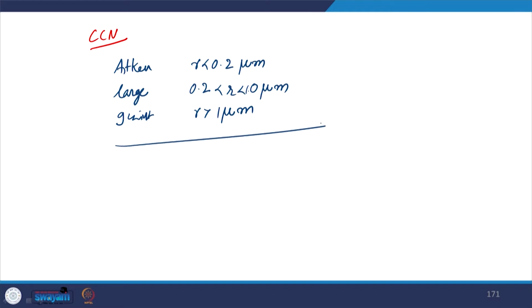Now, what if you have these nuclei? We have to understand how the saturation vapor pressure with the solute changes in comparison to the saturation vapor pressure over a pure surface, pure water.